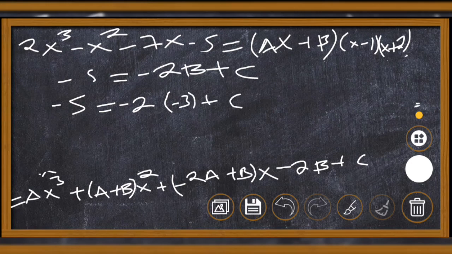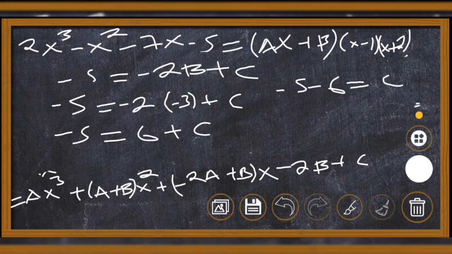That gives positive 6 plus c. Taking 6 to the left side, negative 5 minus 6 gives negative 11 equals c. So our value of c is negative 11.